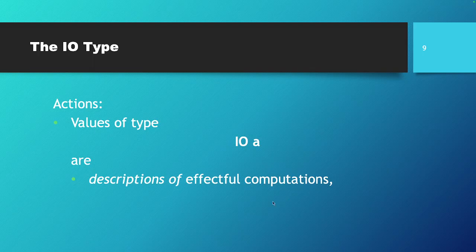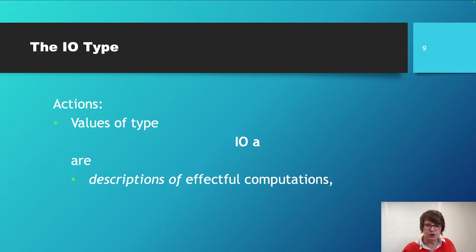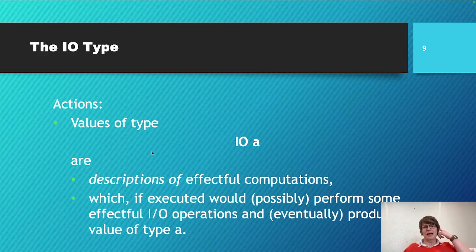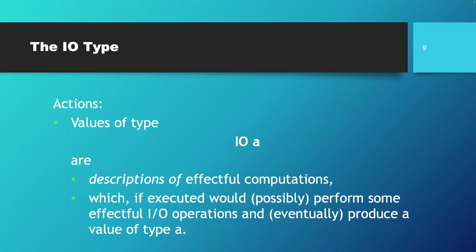Because essentially in the outside world, you don't have full control. Something could go wrong there and you don't know when it's going to happen. So you don't have the sort of control that we usually have. If these are executed, they would possibly perform an effectual I/O operation, but they will eventually produce a value of type A. Because the I/O is saying, yes, I may be speaking to the outside world, but I'm definitely sending back an A.